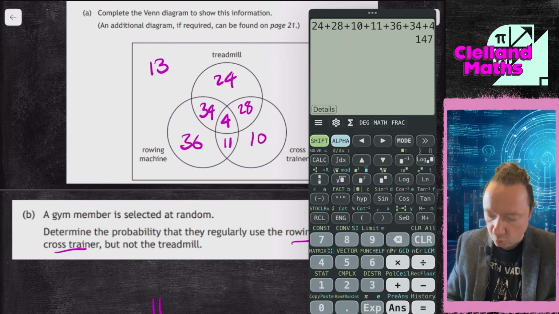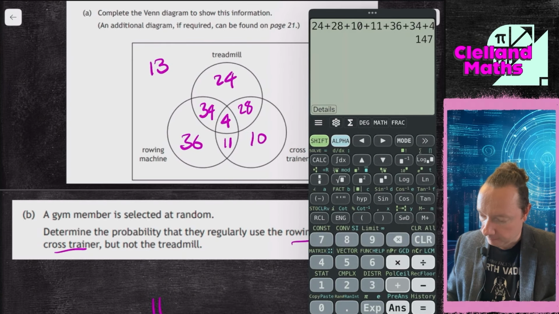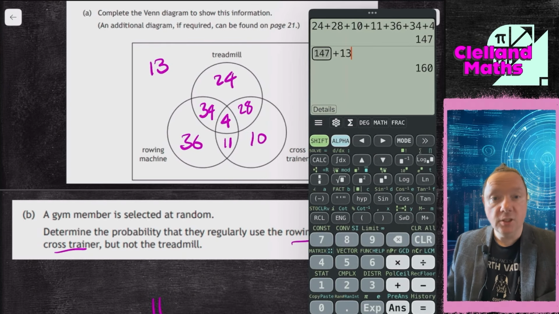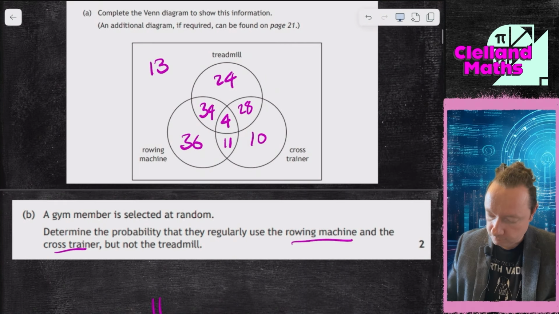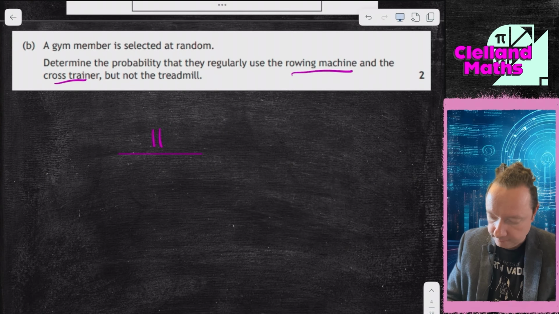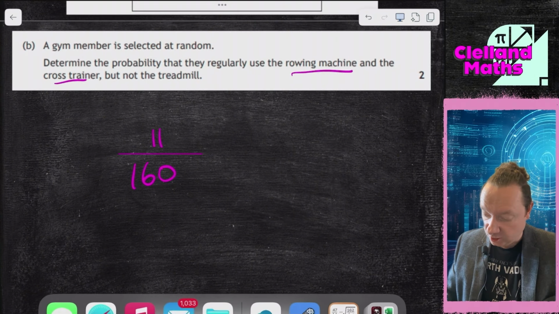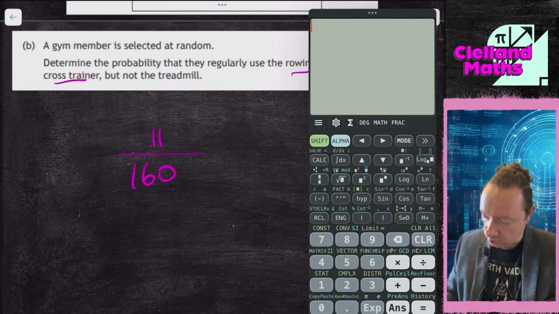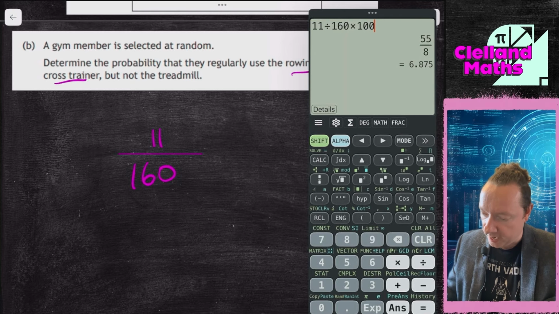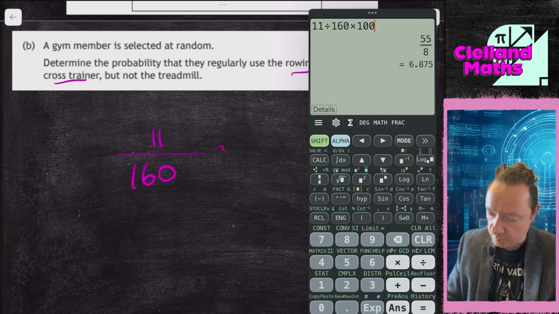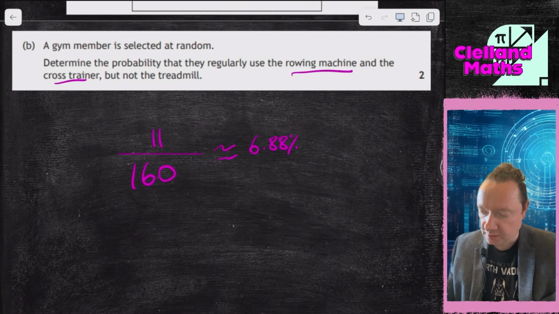I've also missed, of course, the one on the outside. 160. 11 out of 160. It's a fraction. You could change it to a decimal if you want, which is not very great. Percentage would be better, so times by 100. About 6.88%. But I'm happy that the fraction would be fine as your answer.